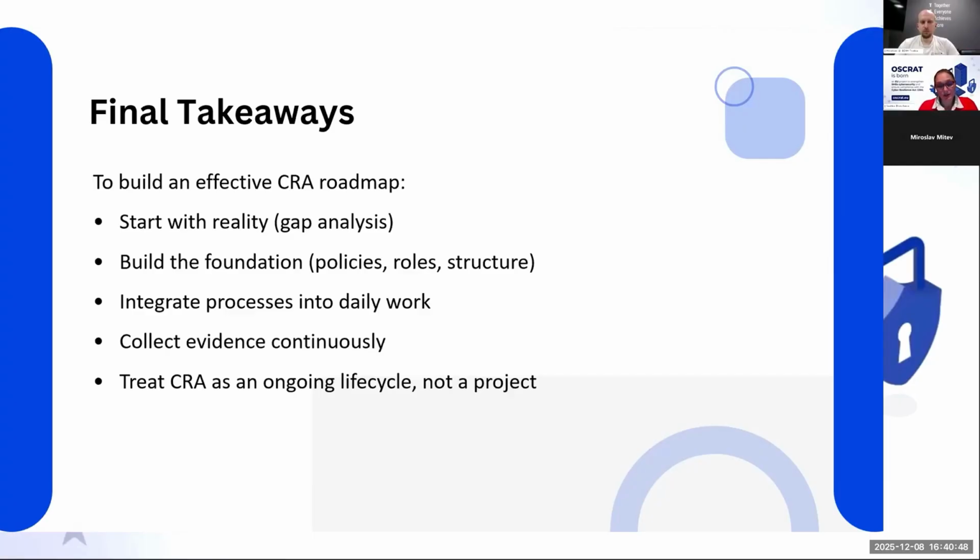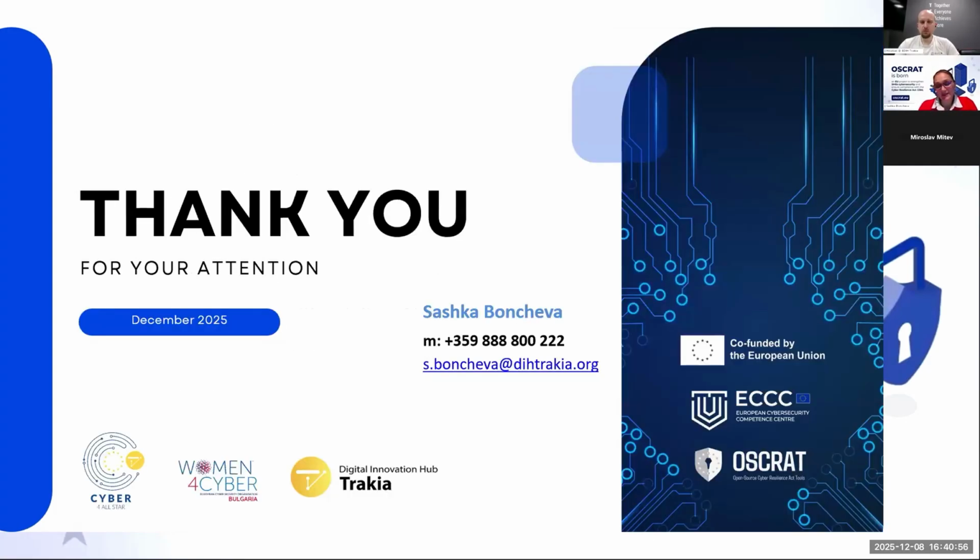And so I can add that CRA compliance is achievable if you start early. And this was a very short presentation, but I think it's useful. And thank you again for your attention.